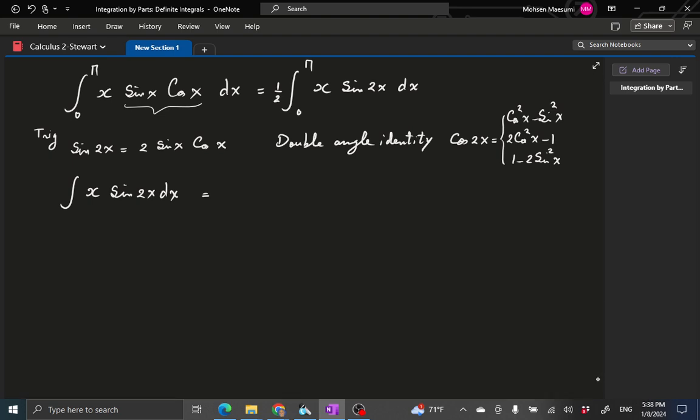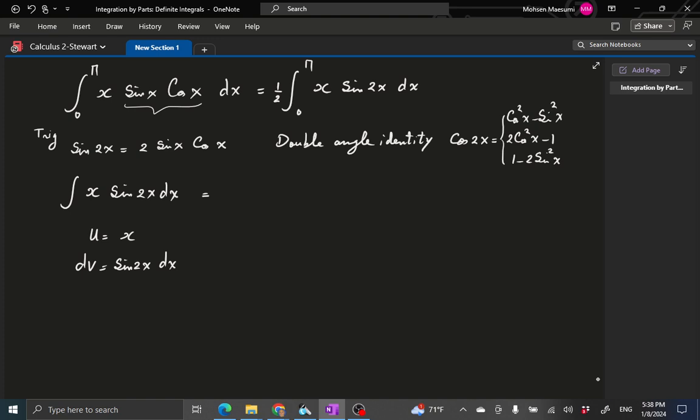U is chosen to be the function whose derivative is going to be easier than what you're looking at. So the option here is to take u to be x, and dv is going to be whatever is left. I didn't take u to be that one as my first attempt, because du is just same weight or same difficulty as u itself.